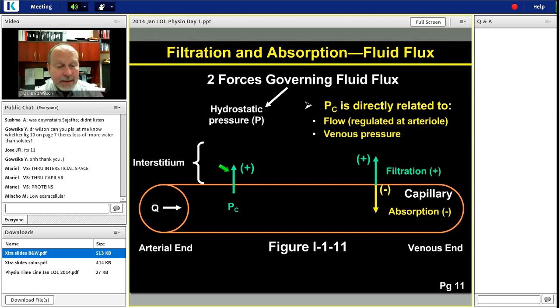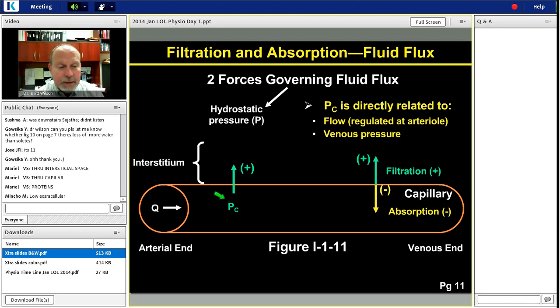Second, venous pressure. If venous pressure goes up, capillary pressure goes up. In fact, I want you to just tie those together. Every time you hear venous pressure, I want it to be like a Pavlovian reaction. You go capillary pressure. So when you hear venous pressure, you just go capillary pressure.